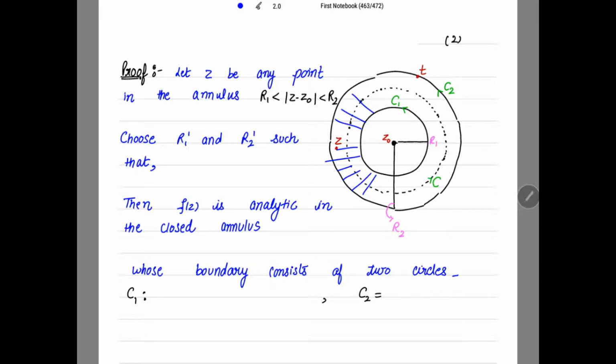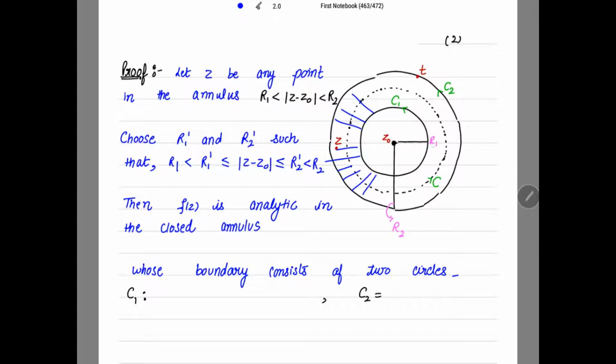Let z be any point in the annulus r1 less than |z minus z0| less than r2. I have to choose r1 dash and r2 dash such that r1 is less than r1 dash, which is less than or equal to |z minus z0|, which is less than or equal to r2 dash, less than r2. So what we are having? I'm having this radius r1, right?